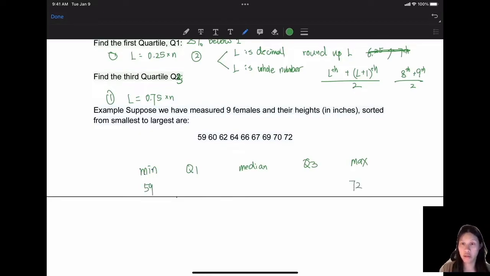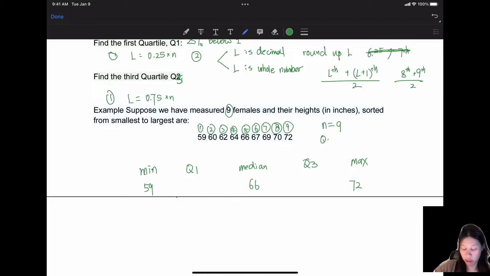Remember, you always need to order from the smallest to the largest. Since we have 1, 2, 3, 4, 5, 6, 7, 8, 9, totally 9 data, n, the size of the data, is equal to 9. So the median should be the 5th one, 66.